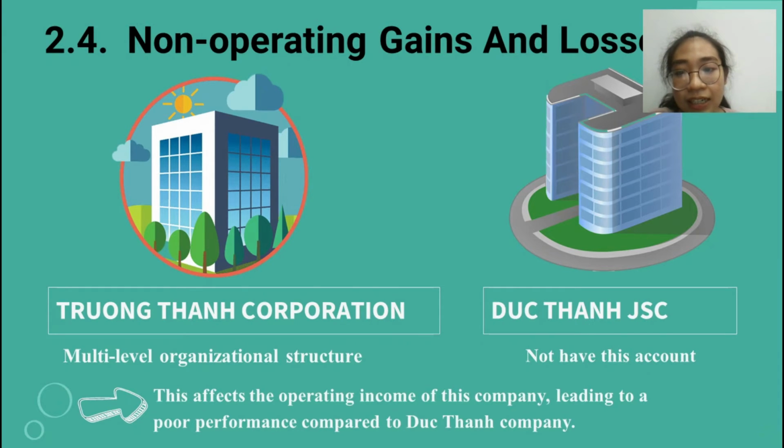Trường Thành gained more than 2.46 million in 2019. In the next 2 years, it constantly lost, and this affects the operating income, leading to poorer performance than Đức Thành.